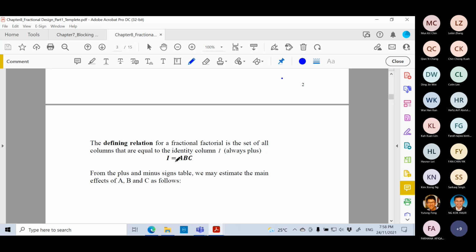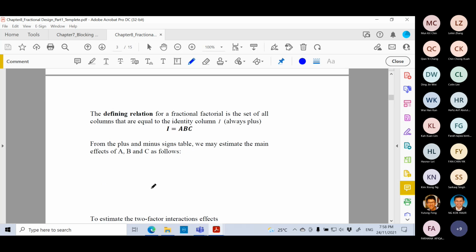But before we get the relationships, let us see the plus minus signs first. From the plus minus signs, you need to know how to calculate the effects. From the plus minus sign table, we may estimate the main effects of A, B, C, as follows.